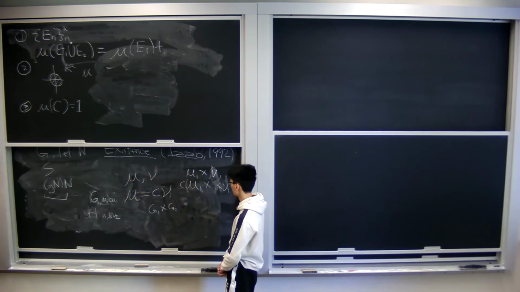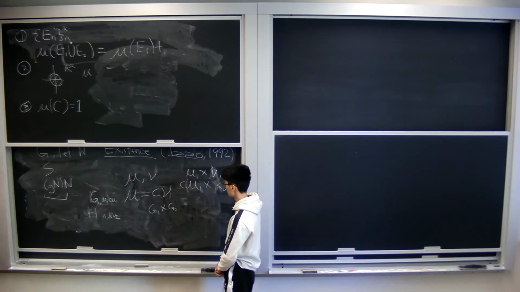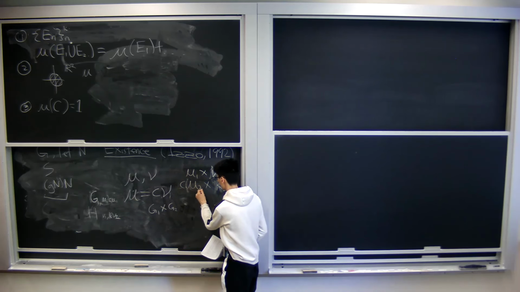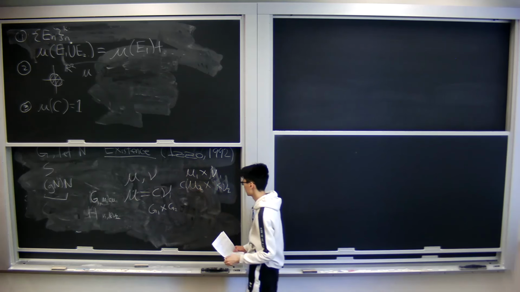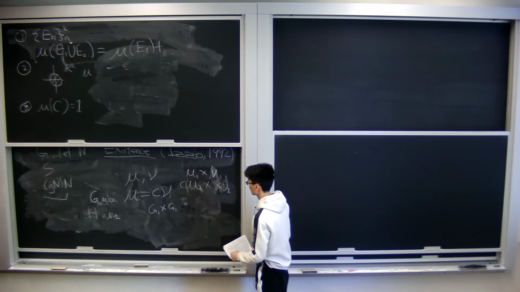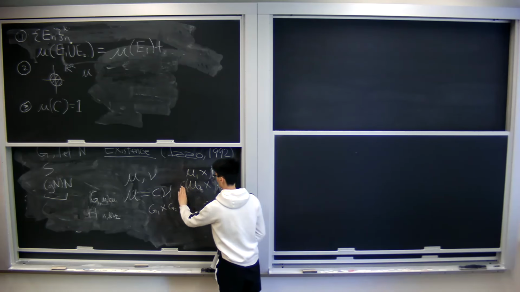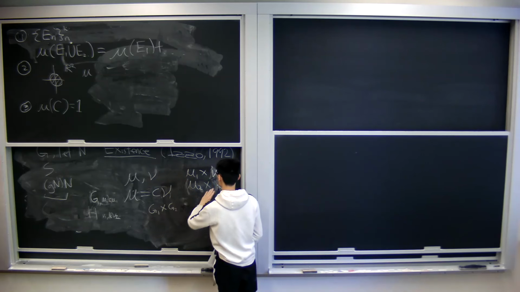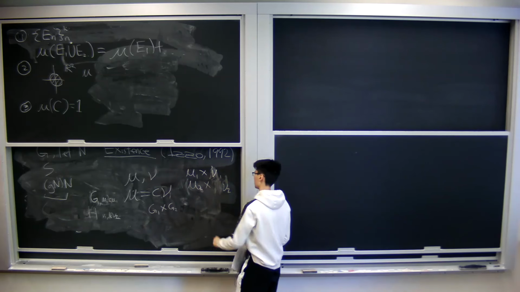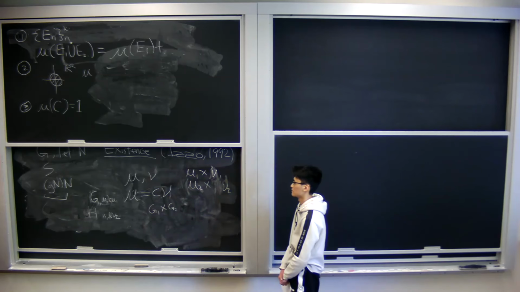Before that makes sense, before you put in the constant, the two measures are: measure number one is mu1 plus mu1, measure number two is mu2 plus mu2.